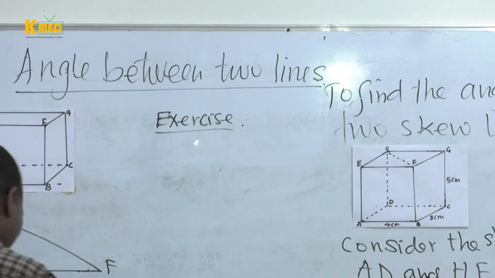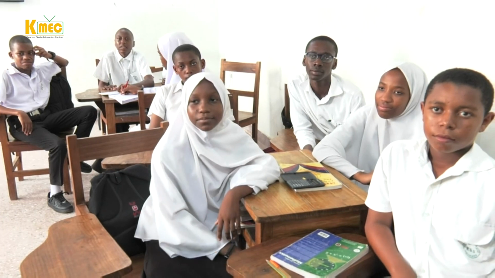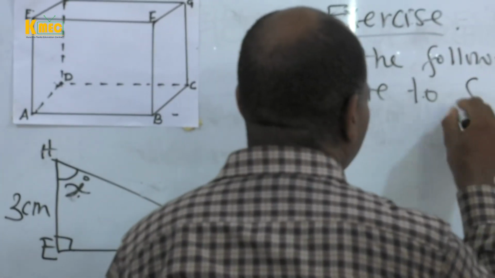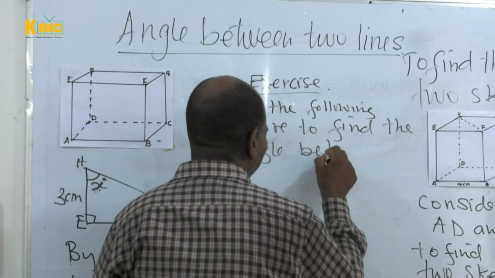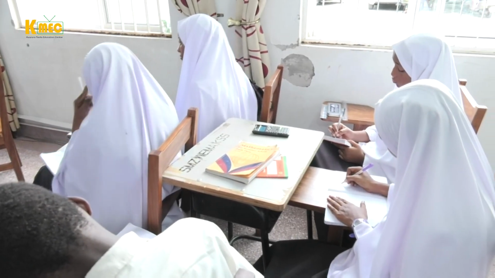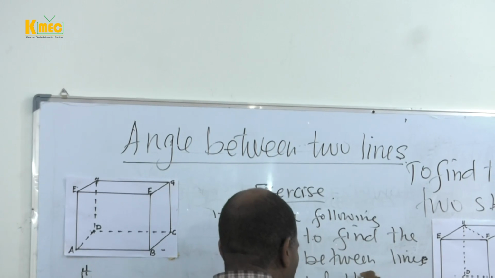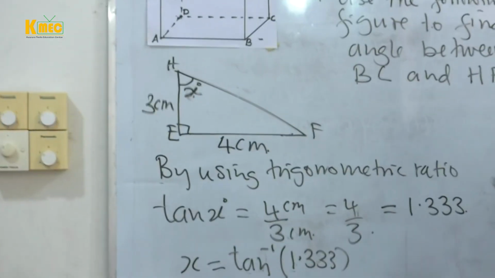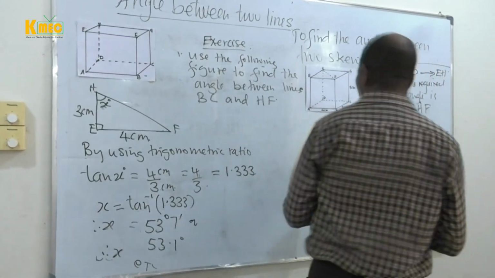My question is: use the following figure to find the angle between lines BC and line HF. Use this figure.